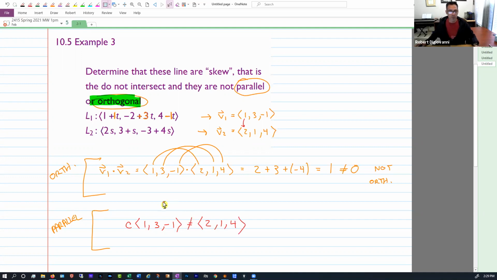That's not possible. Do y'all see that that can't work? It's just a quick inspection. The only way to turn the 1 into a 2 is to make that constant be a 2, but then the other numbers don't work. And maybe you try to turn the -1 into a 4 by multiplying by -4, but then the first one won't work, and the second one won't work. So they're not parallel. Is that all right with everyone? Okay, so not parallel.